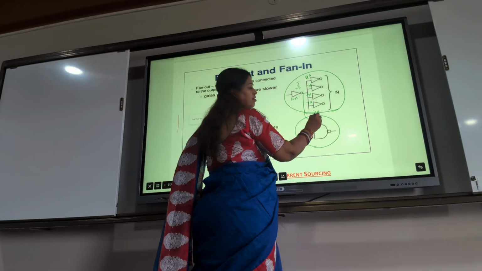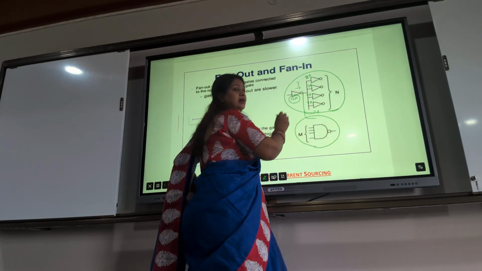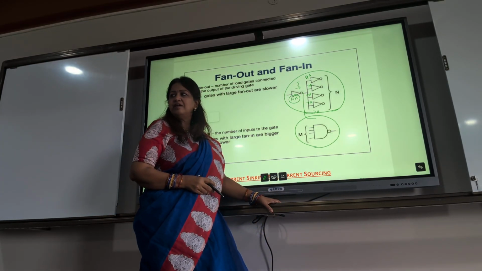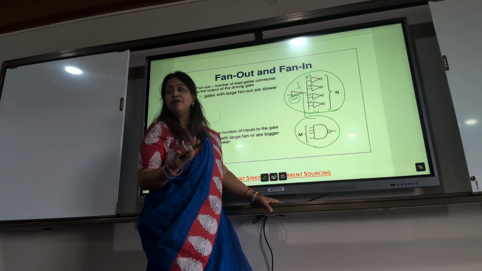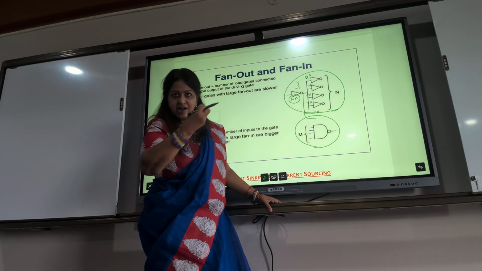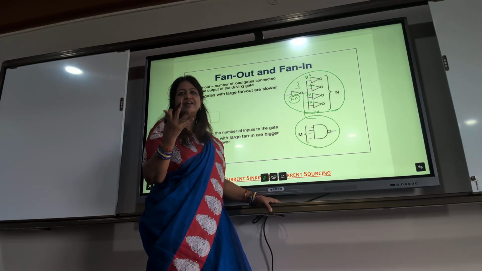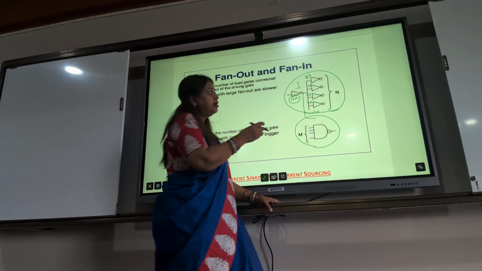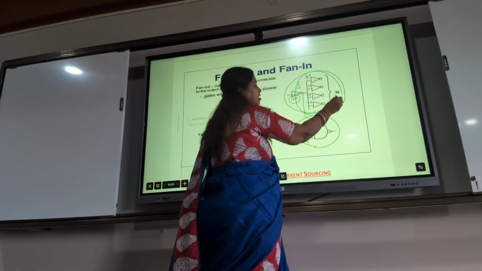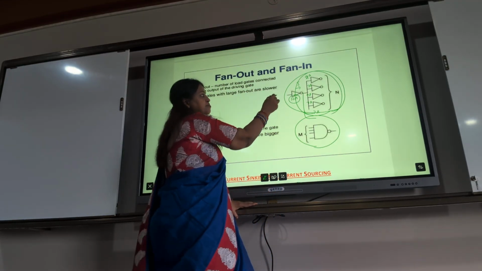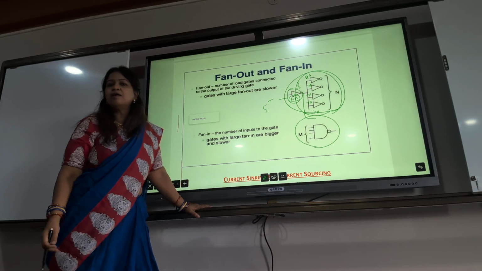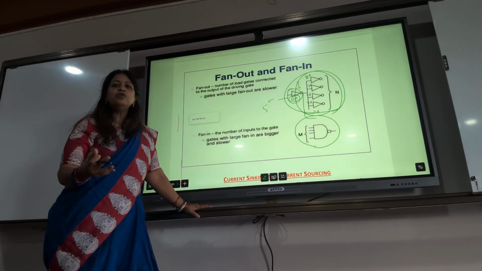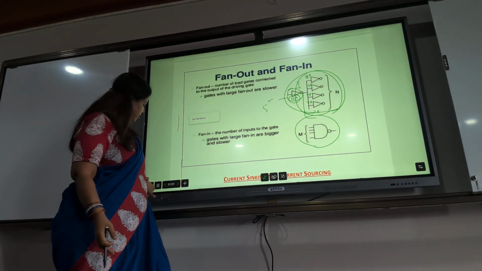Suppose you have one more device, it cannot supply because it does not have it. That will become loading. Extra current it will try to draw, but it doesn't have it. So only 5 maximum it can have. So the fan out of this particular device is 5. It can supply current to only 5 devices. So that is fan out.